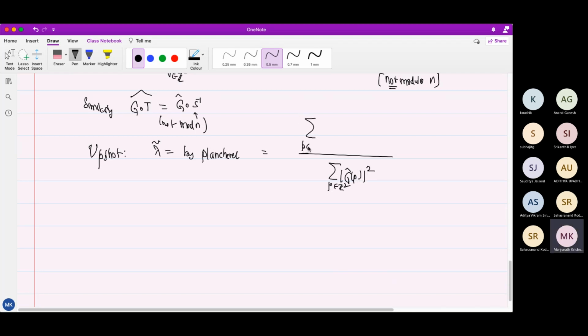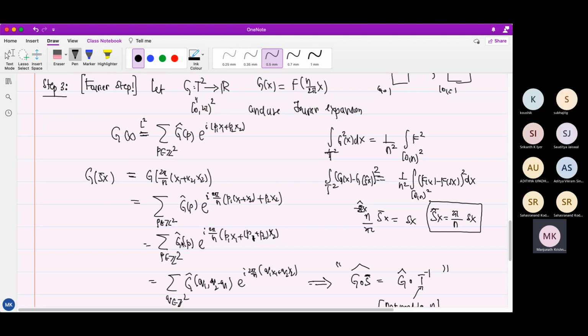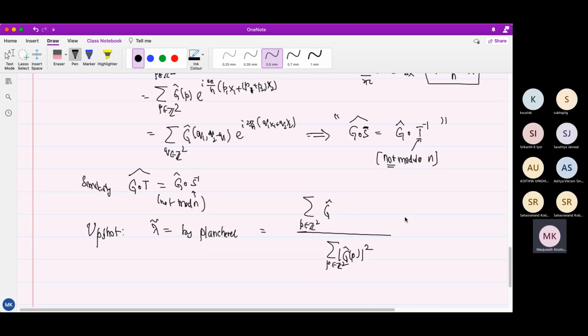And in the numerator, because G will go to G hat and G compose S will go to G hat compose T inverse, this whole thing will become exactly the same type of thing.